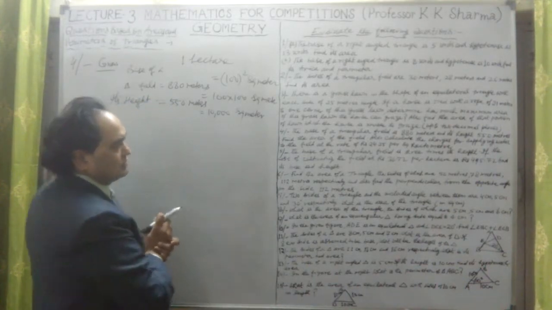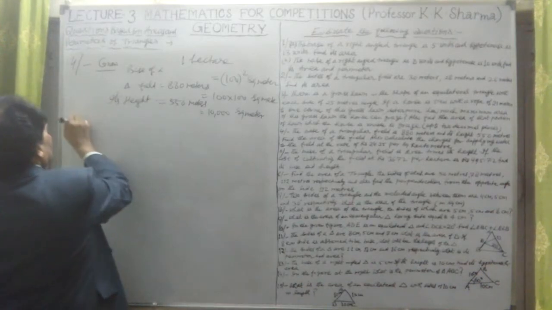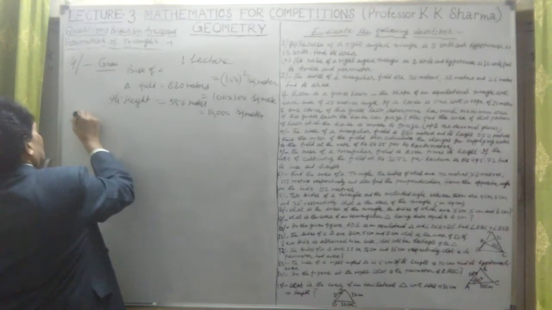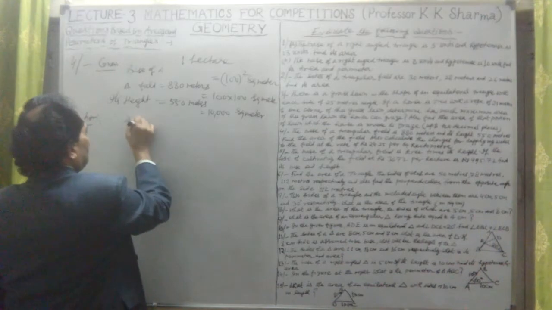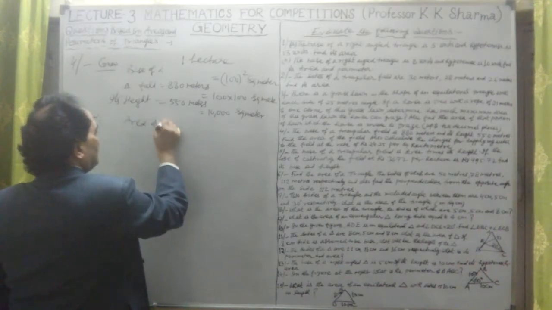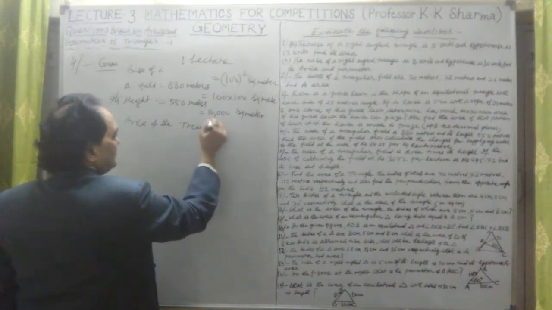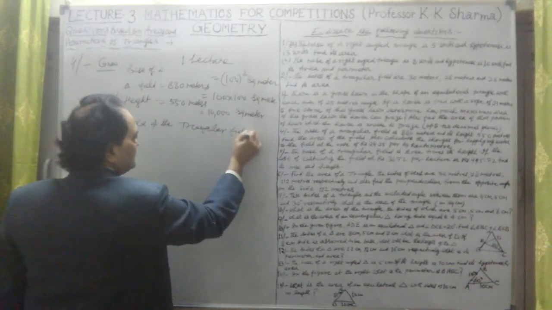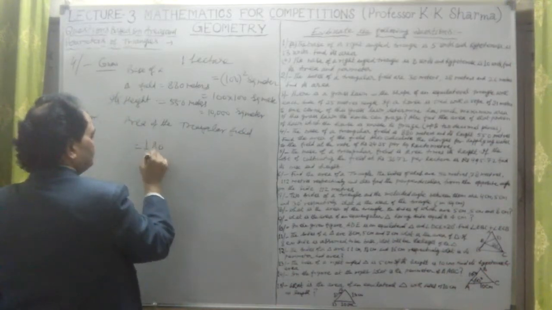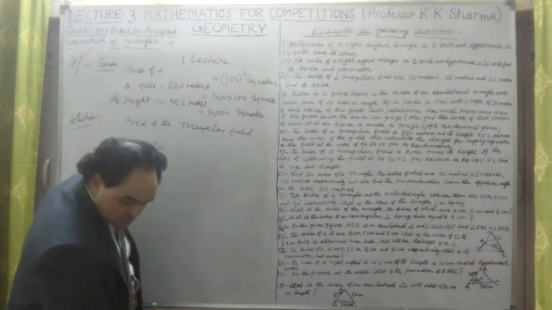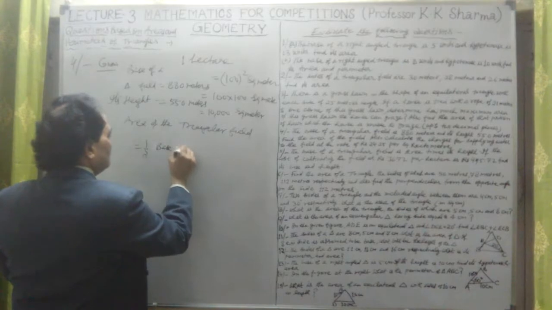Let me now find out the area first. Solution. Area of the triangular field is equal to half base into height, because it's a triangle.